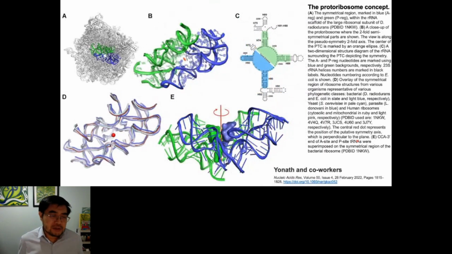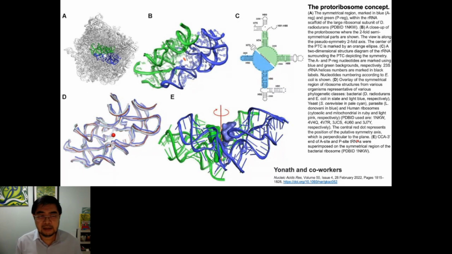So just to take it a bit further, what if by using that particular motif, we're able to come up with a minimal ribosome? This is the concept of the proto-ribosome.